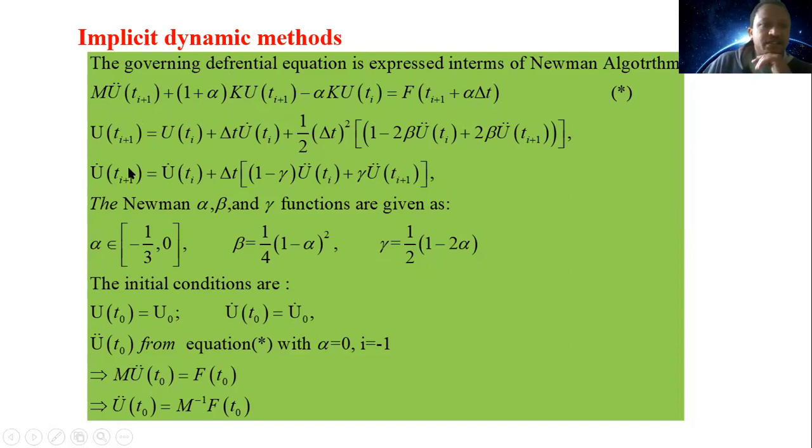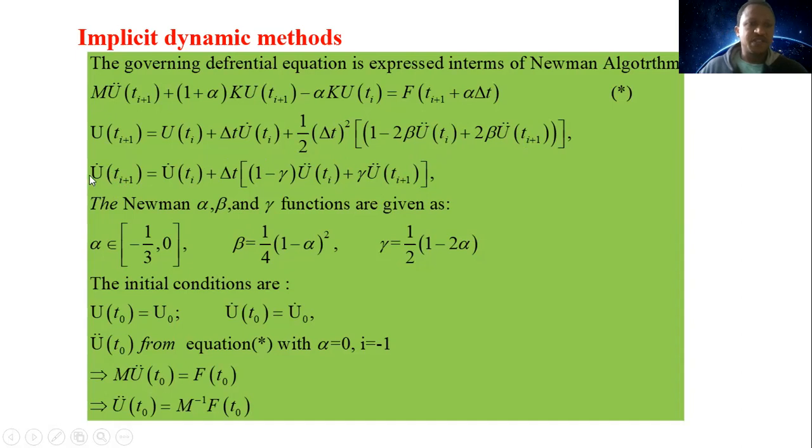Again, the displacement is expressed as u of t_{i+1}, which is equal to u of t_i plus u dot of t_i times delta t, plus delta t squared over 2 times (1 plus 2 beta) u dot dot of t_i plus 2 beta u dot dot t_{i+1}.